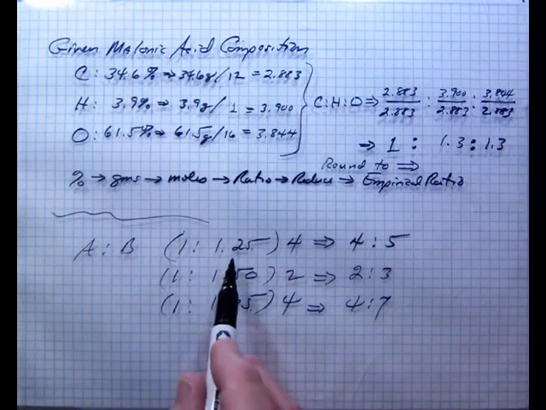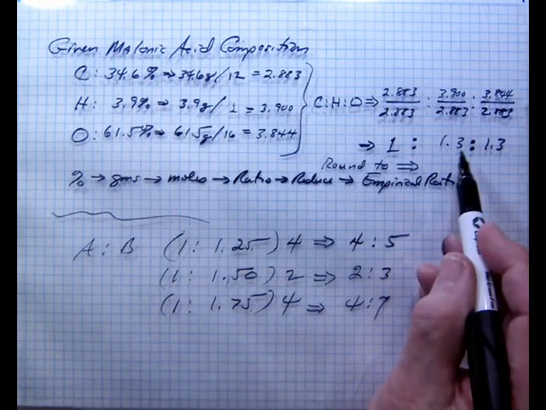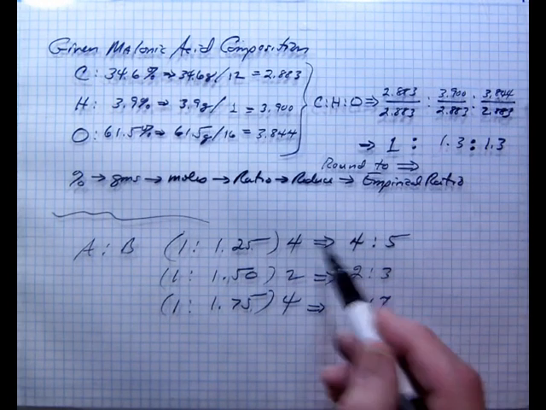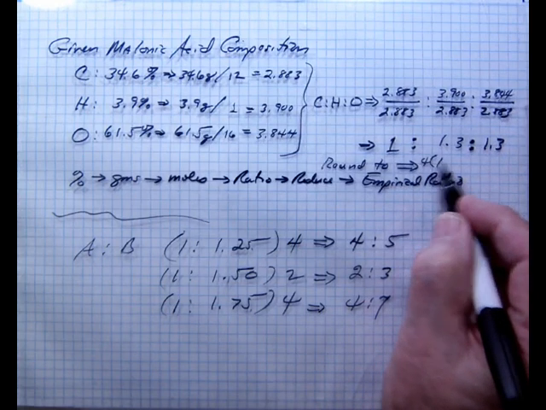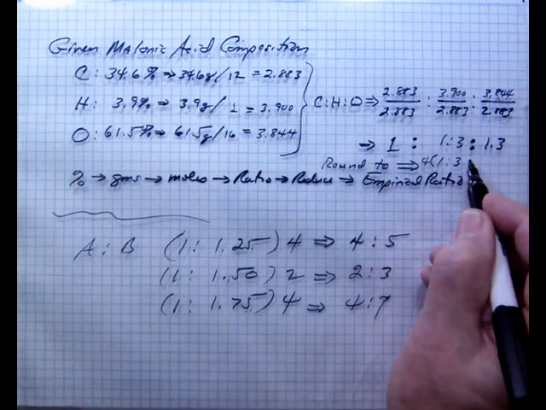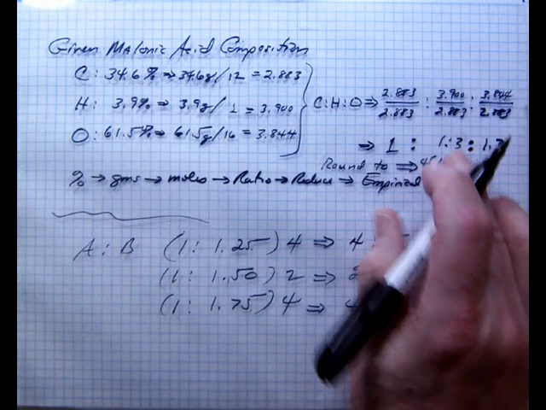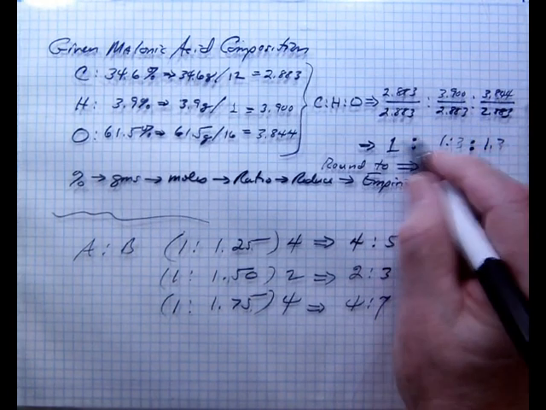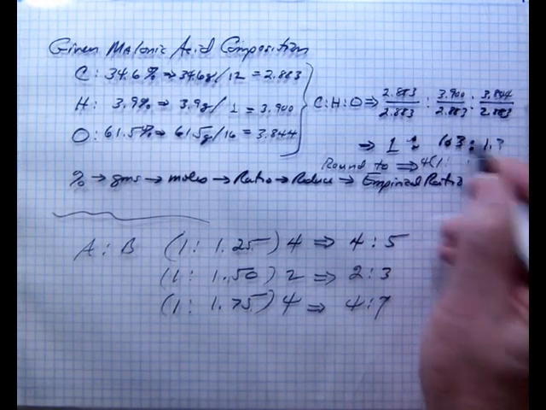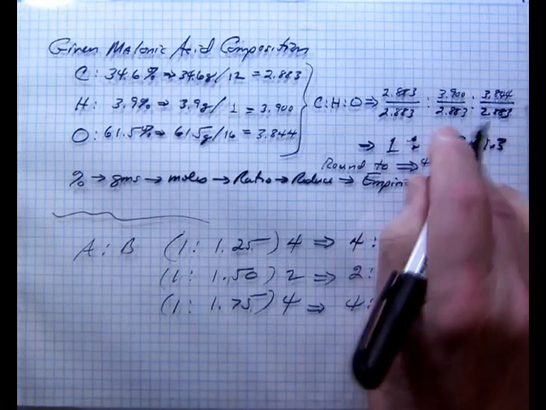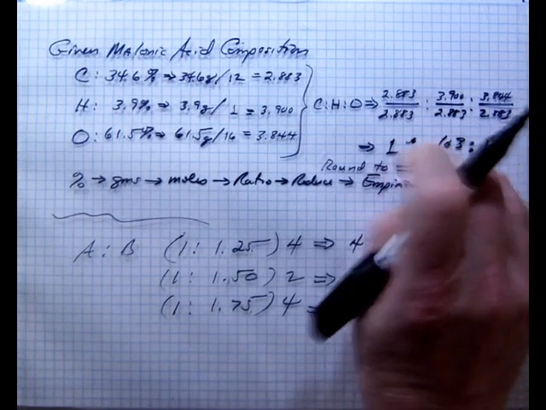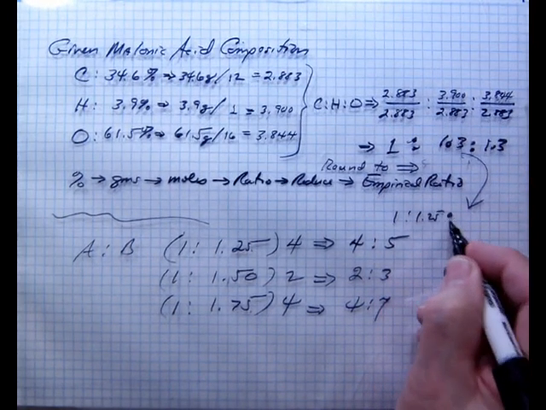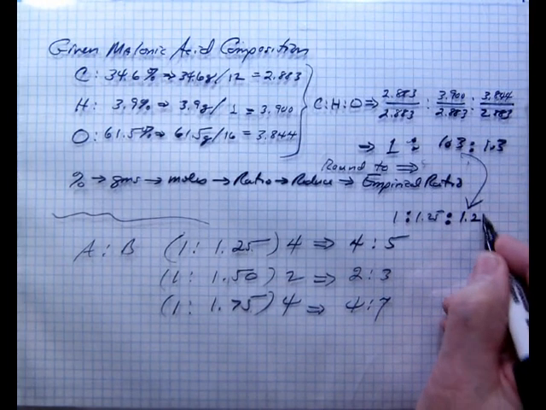I'll make sure if something like this pops up, it doesn't come up in a fraction like this. Now you have to interpret that as a 2.5, rounded to 3. That's why I didn't want to use this one. 1 to 1.25, 1.25.